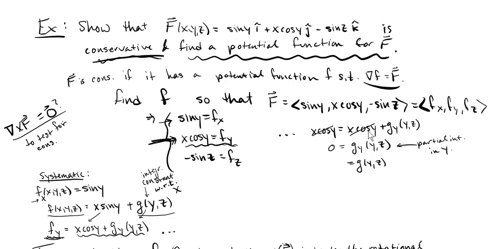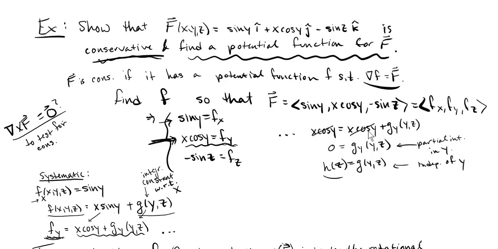So the antiderivative, the actual function itself, should be a function that's constant with respect to y. So that is just a function, I'll call it h, of z. Right? It's independent of y, so it's just a function of z.